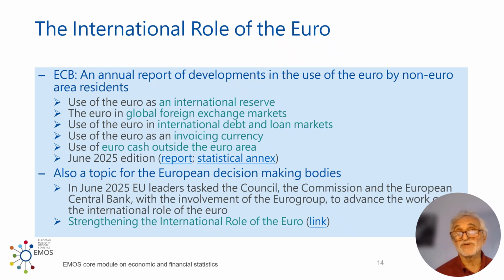So in order to have a picture of these developments, the ECB produces every year an annual report on the international role of the euro. As you can imagine, you need a lot of statistics and a lot of not easy to collect statistics on all these different aspects. One aspect I didn't mention is invoicing currency.